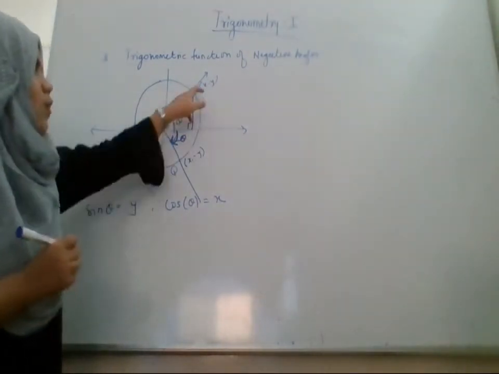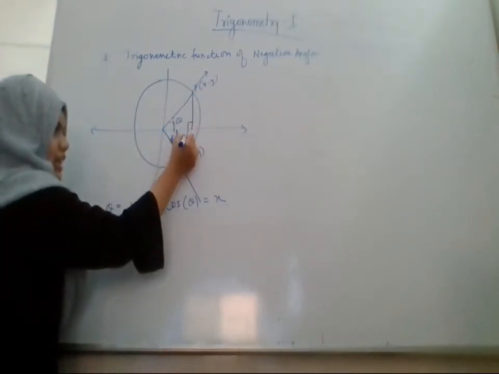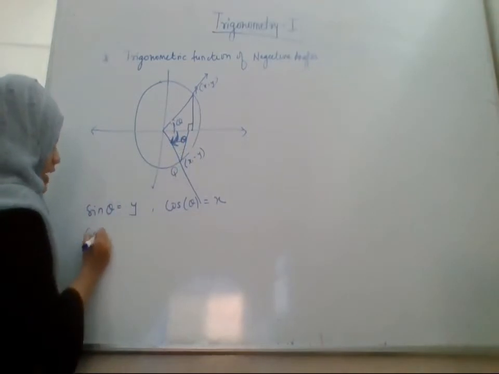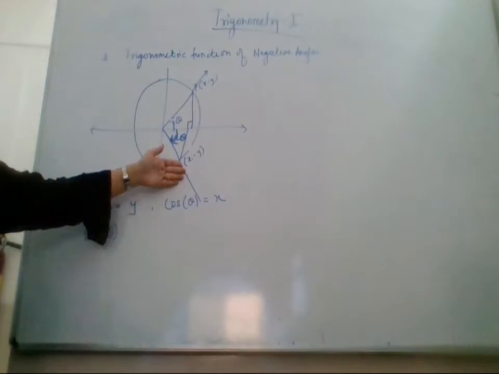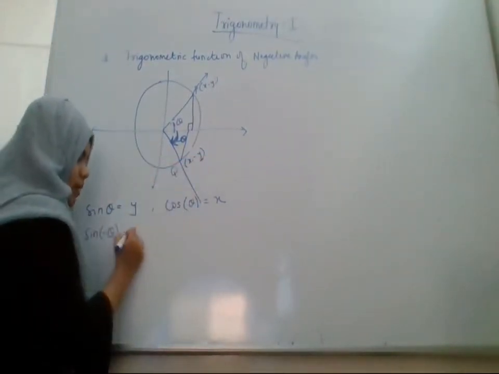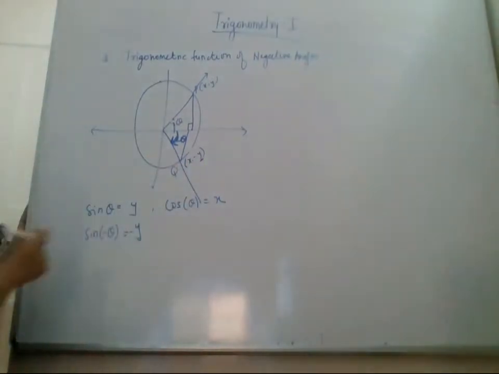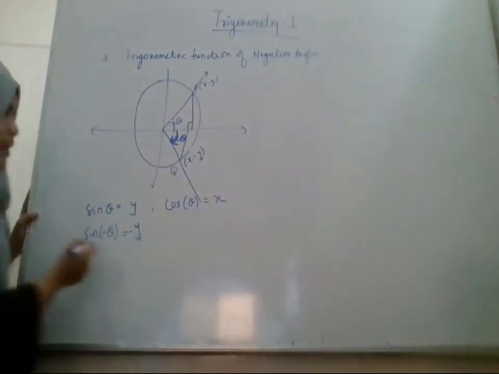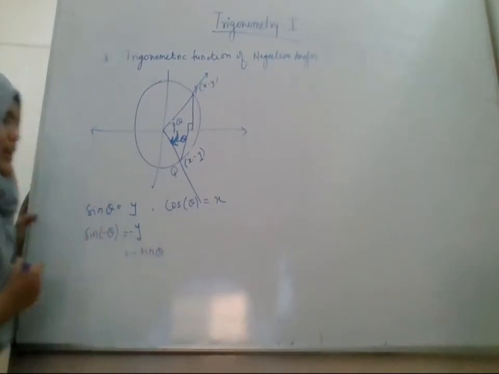If I take minus theta, so sine of minus theta, that means I go into the fourth quadrant, where the y coordinate will be minus y. So sine minus theta is equal to minus y, which is equal to minus sine theta.